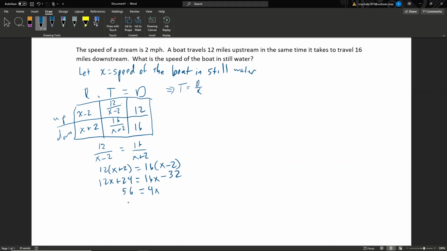Then divide both sides by 4, so x would be 14. So the speed of the boat in still water is 14 miles per hour.